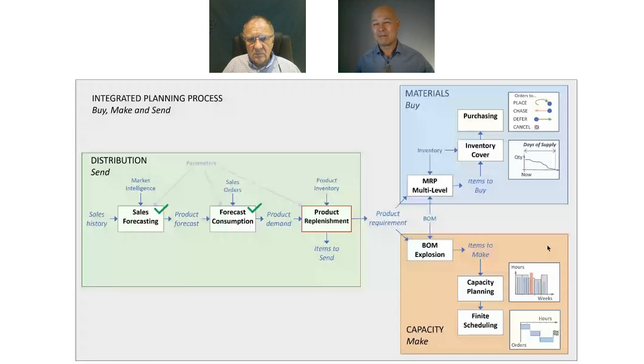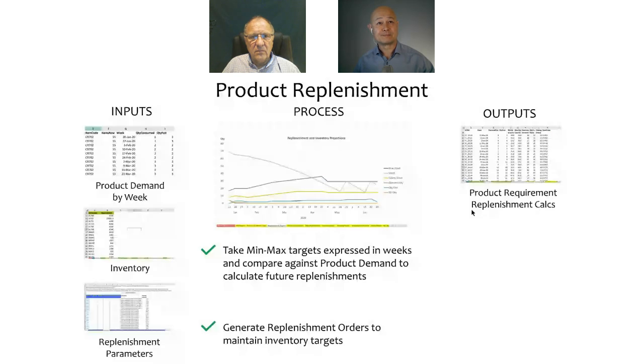So if you don't make anything, then this is what is going to tell you all about managing the finished goods stock. And one of those three questions that we want to be answering about planning, which is where, what, how many, and when are we going to send finished products from one place to another. So let's have a look at product replenishment.